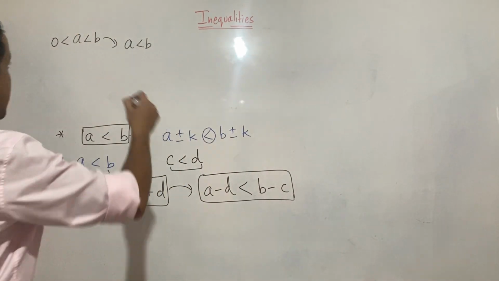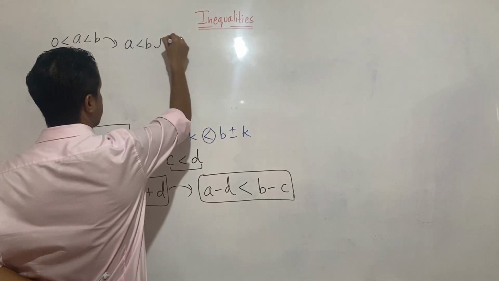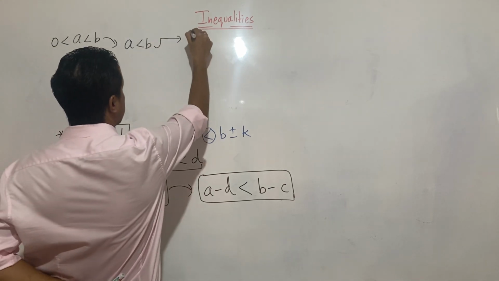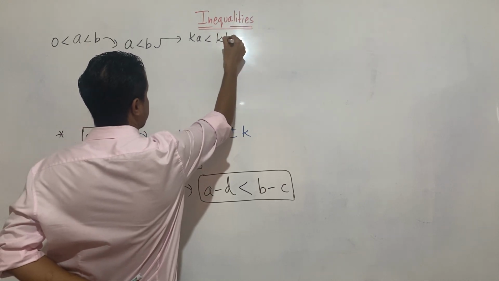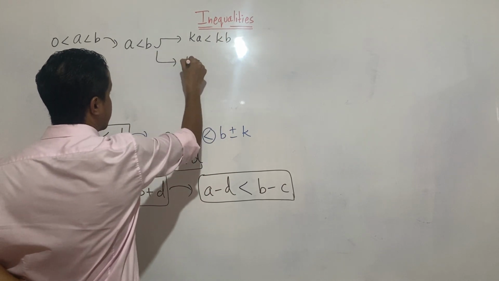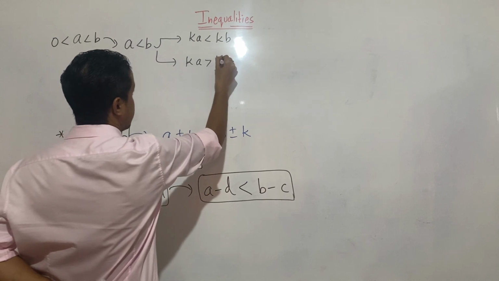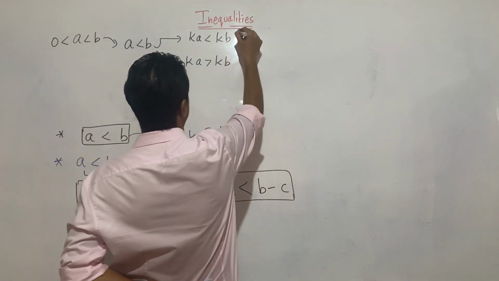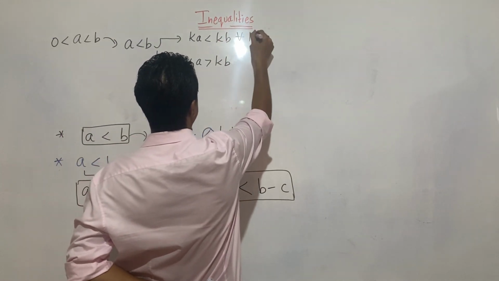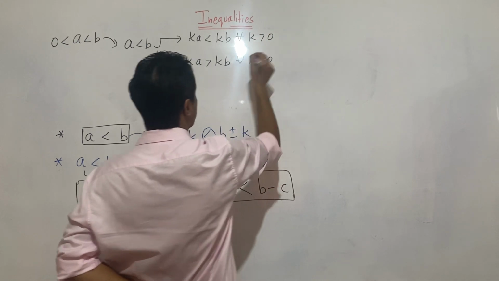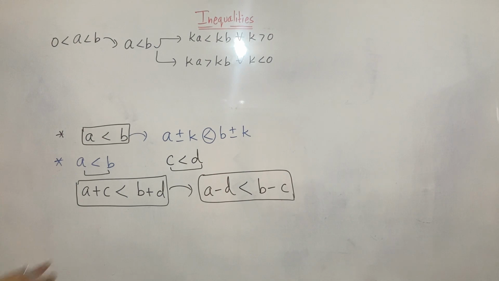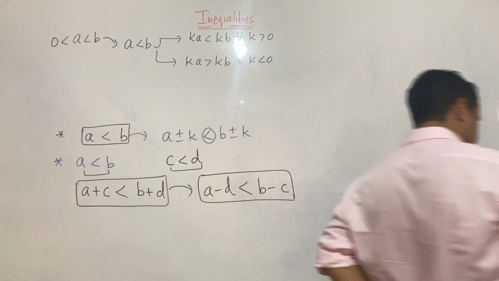For this, it says that ka is less than kb for all k greater than 0, and ka is greater than kb for k less than 0. We are going to see it. What does it mean?